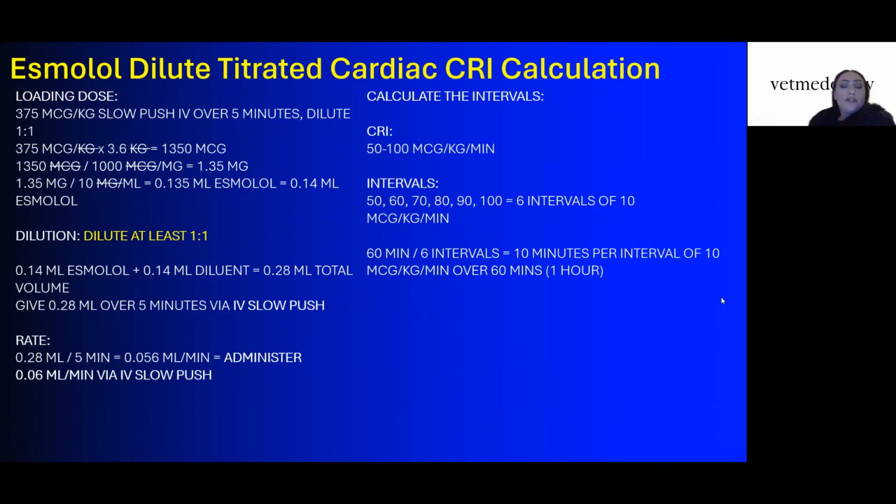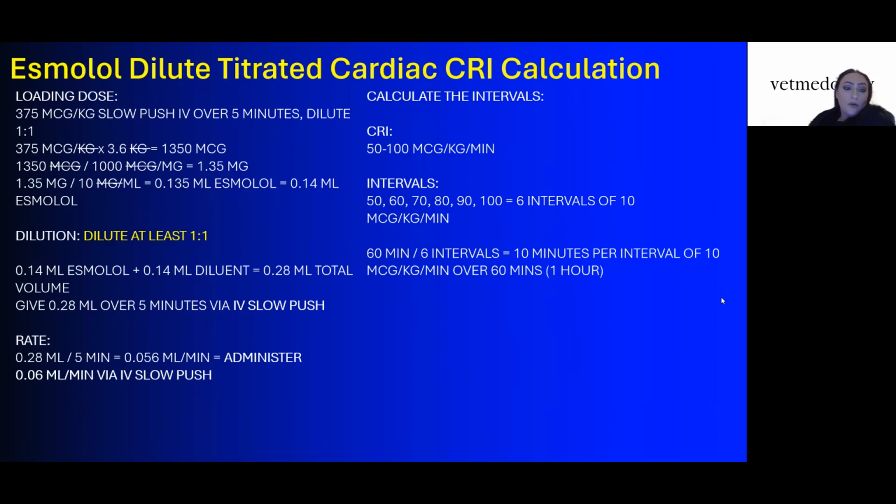So the loading dose is 375 mics per kg, slow push IV over 5 minutes, dilute 1-to-1. So 375 mics per kg times 3.6 kgs equals 1350 micrograms. 1350 micrograms divided by 1,000 mics per mg equals 1.35 milligrams. 1.35 milligrams divided by 10 mgs per mil equals 0.135 mils esmolol, or 0.14 mils esmolol.